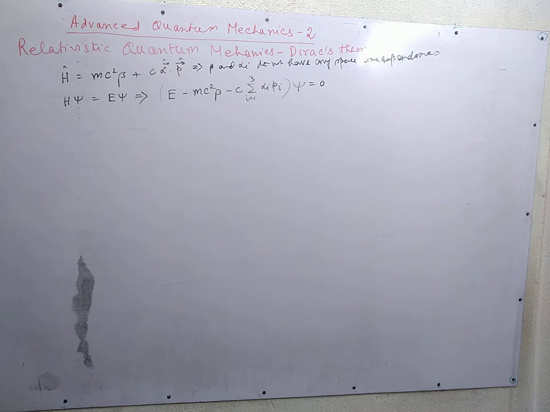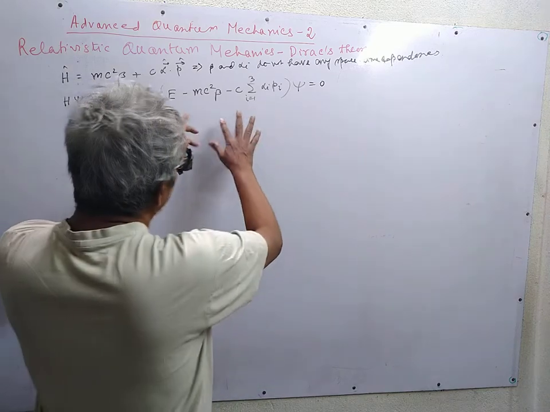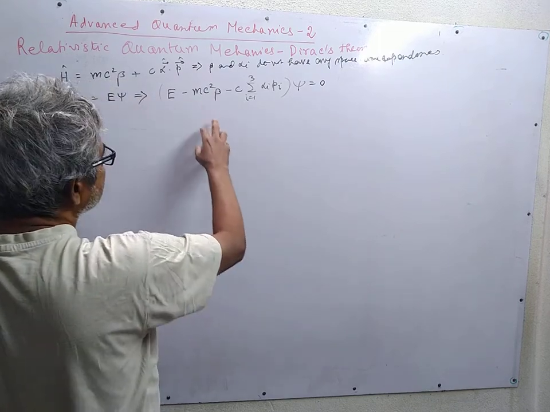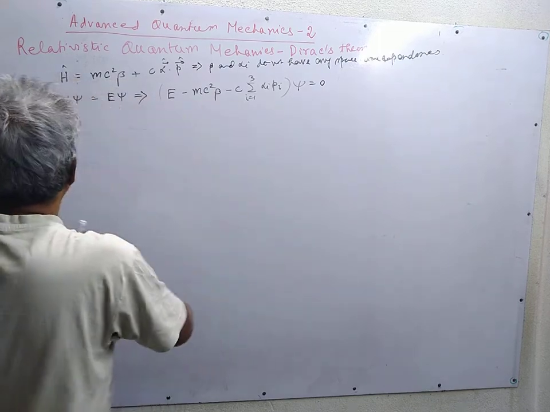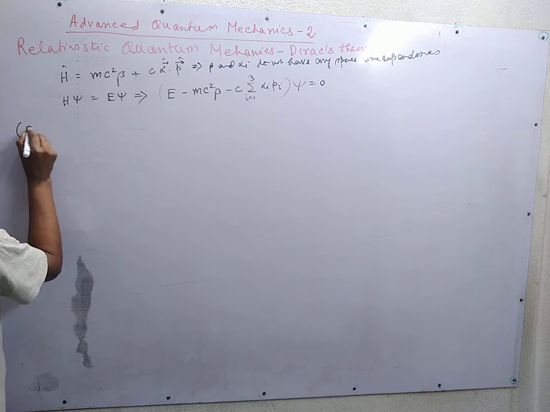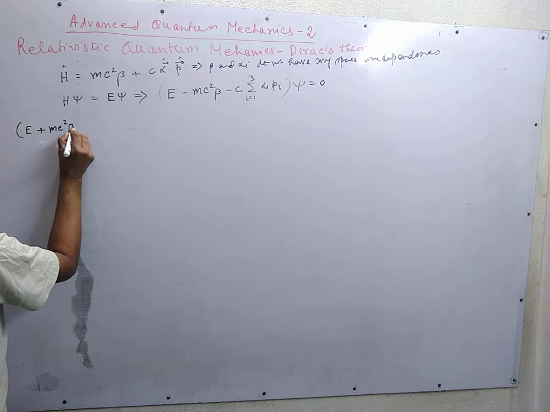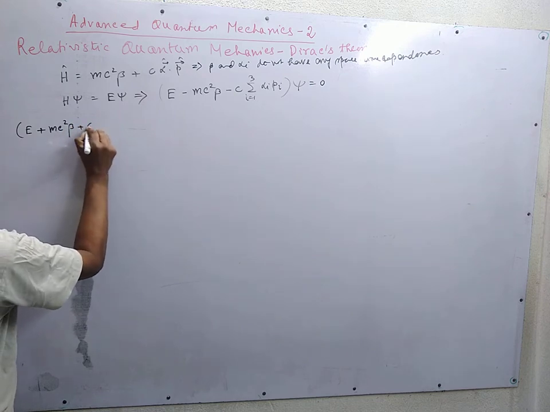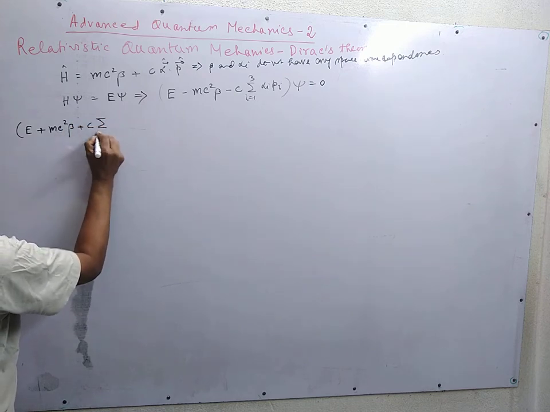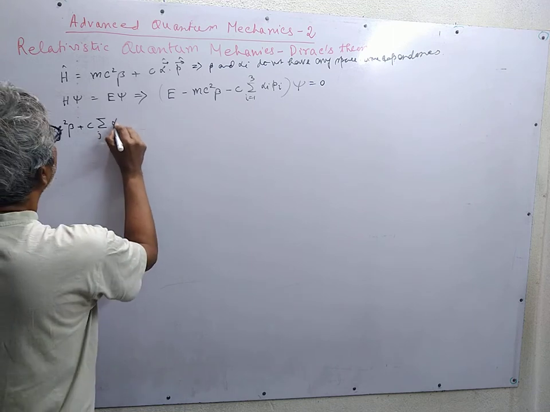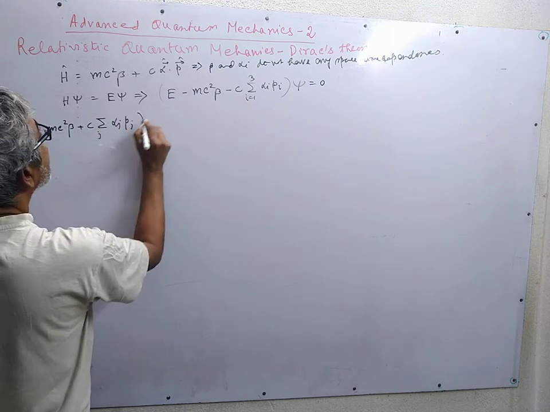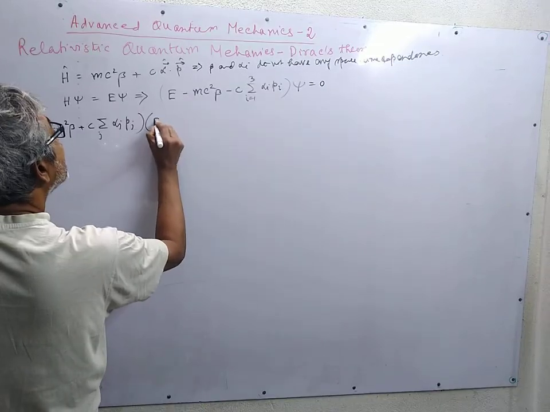To get some idea about alpha and beta, we multiply this quantity by E plus mc square beta plus c summation over j alpha j p j.